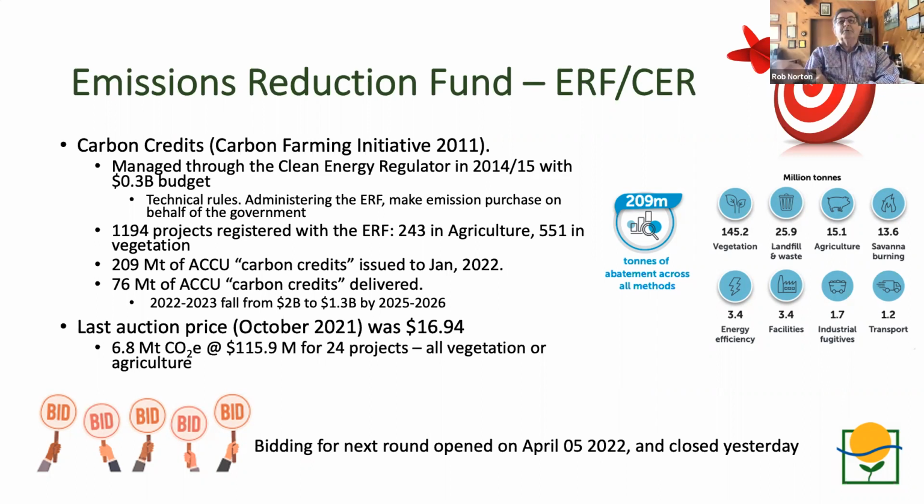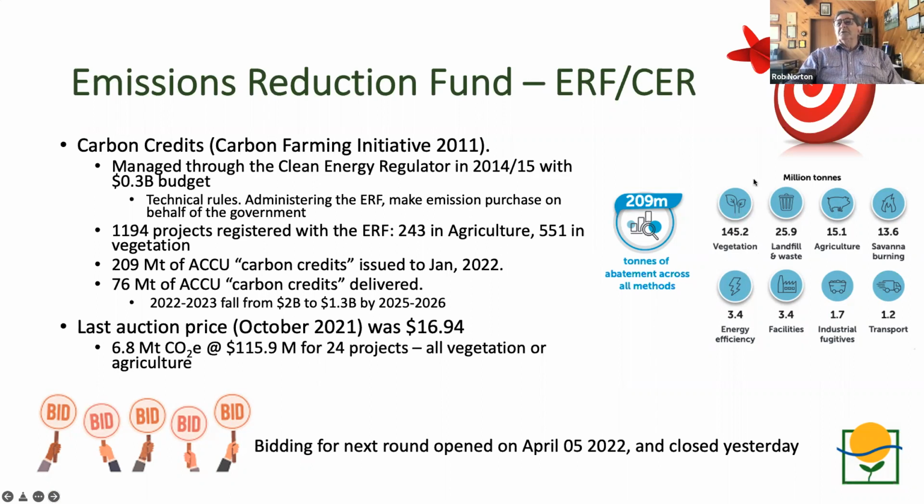And what is set by that regulator is that it provides rules. How do you do that? How do you make purchases? How do you administer it? In that period, there's been nearly 1,200 projects registered, a quarter of them in agriculture, and nearly half of them in vegetation management. And the graphic on the right is taken from the government website that the ERF has.